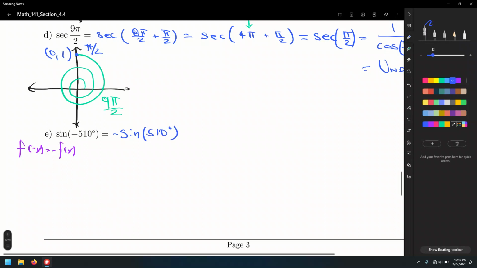The thing here is, clearly this angle goes beyond one rotation, that is, it's an angle larger than 360 degrees or 2 pi.